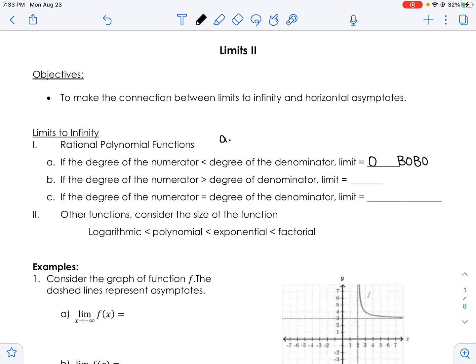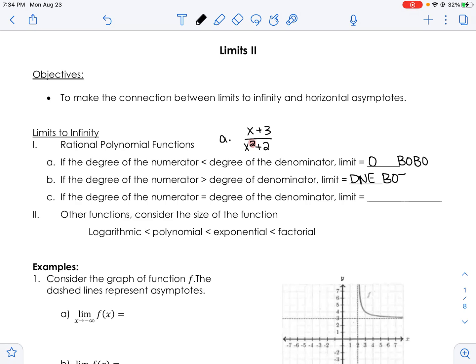An example would be x plus 3 over x squared plus 2. My degree is bigger on bottom because it's a degree of 2 versus a degree of 1 on top.